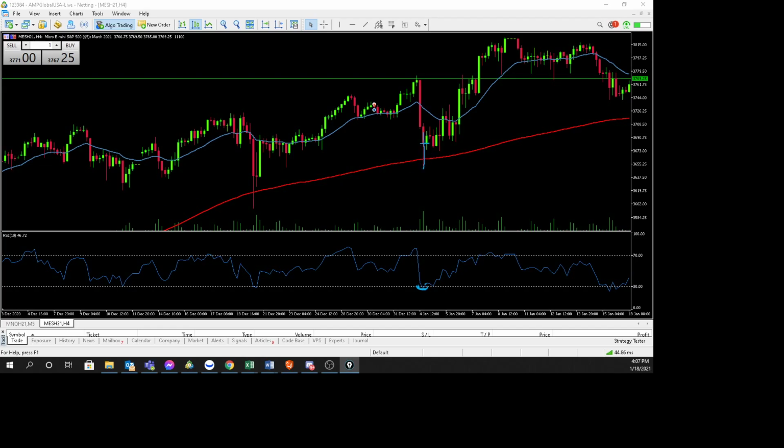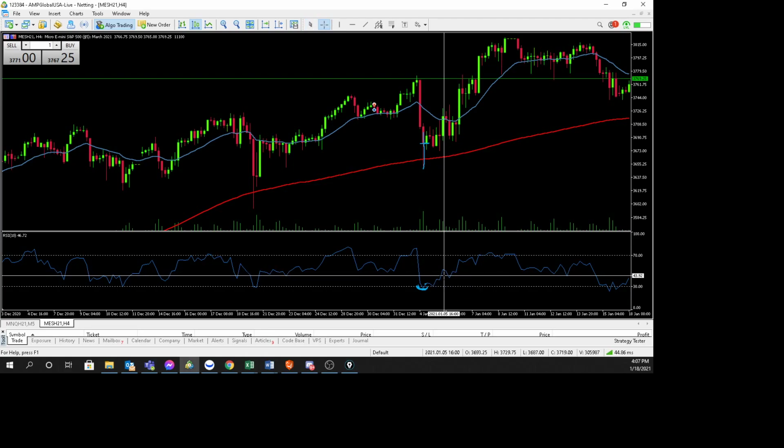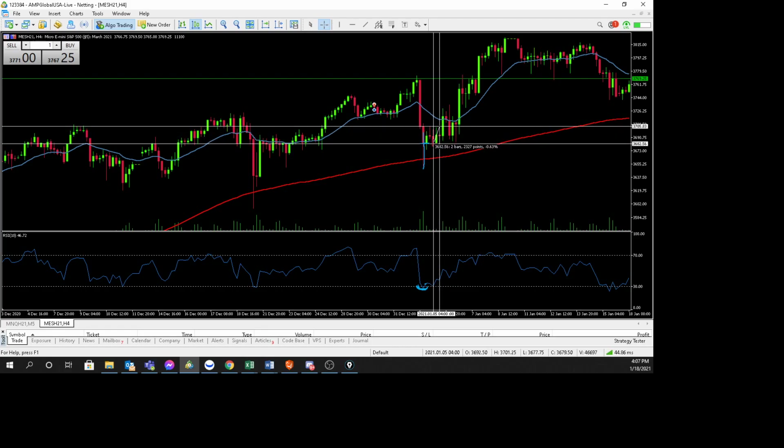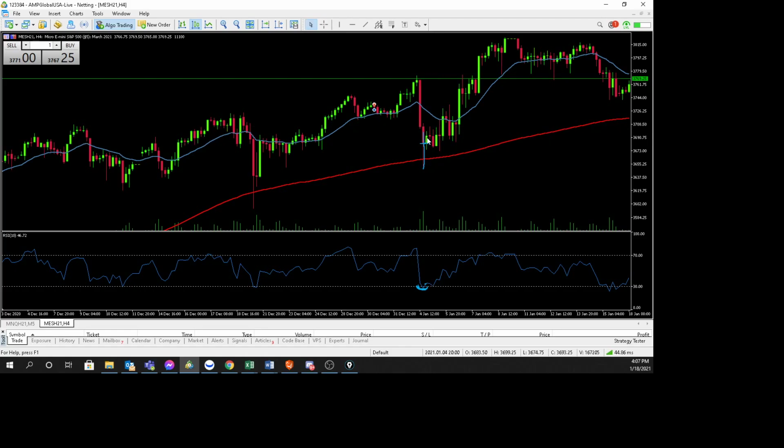So we enter on that candle, and then we look for the RSI to come up to 40. It would be up in this area right here, and that is about this candle right here. So from here to there, about 23 points.